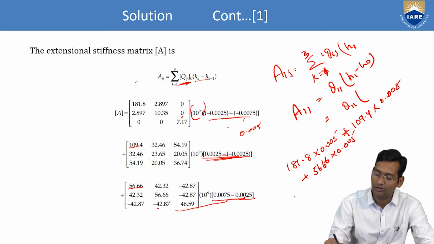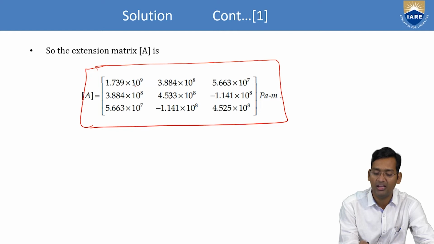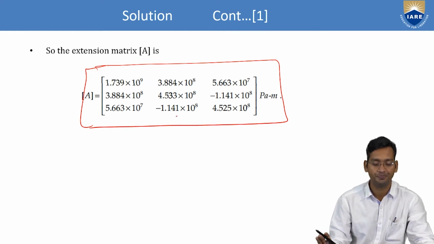Once you simplify, you will get the first term as here. Here they multiplied 10 to the power 9 also, so that it becomes simpler.